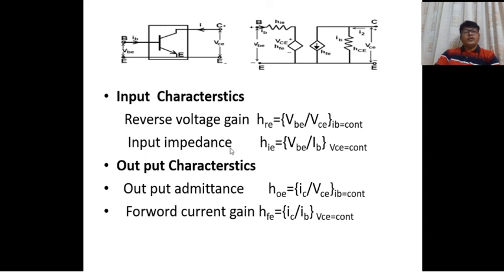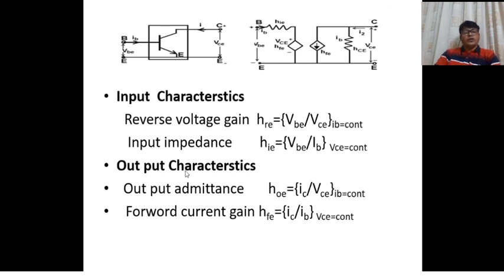Now input impedance, that is hie, is the input voltage to the input current when output voltage is kept constant. So this is the same, whatever you know in case of calculating, that V2 is equal to 0 and I1 is equal to 0. By knowing that you can calculate this hre and hie.